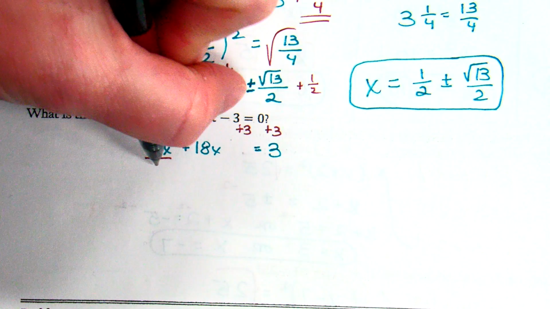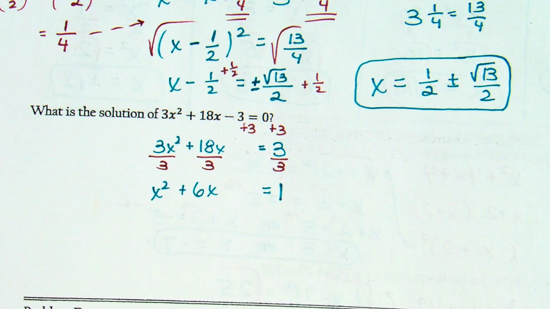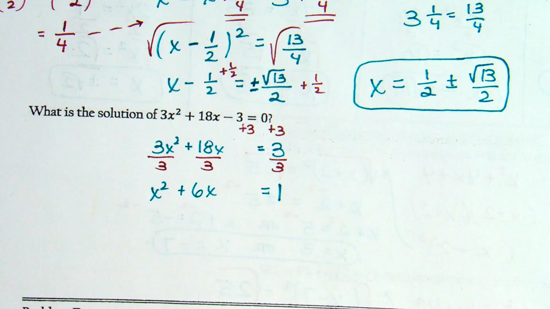Now have I completed step 1? Yeah, we've completed step 1. Okay, step 2. What is step 2? Okay, you are adding b over 2 squared to both sides of the equation. So first of all, ask yourself, what is my b that I'm using? 6.